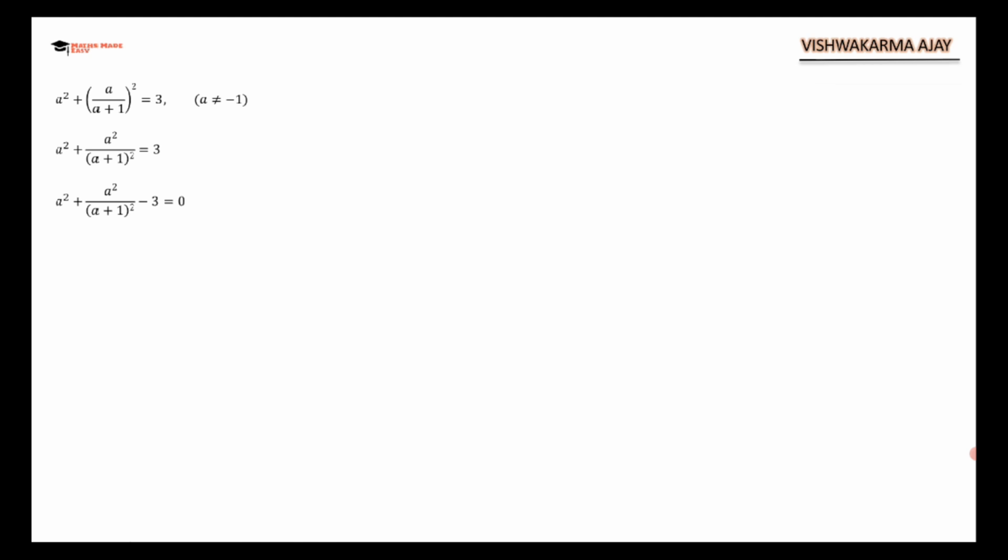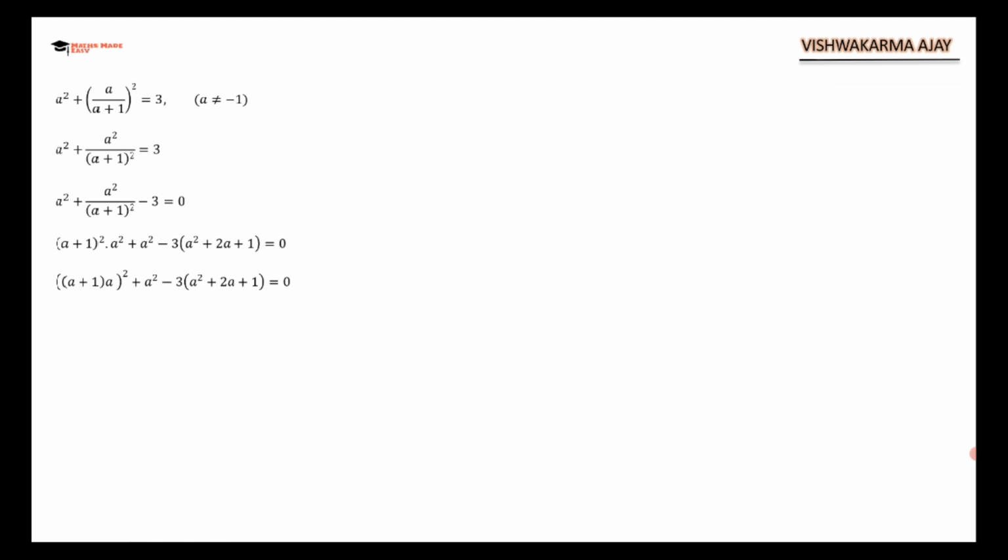(a² + a)²/(a + 1)² minus 3 is equal to 0. Simple algebra. Now we are going to multiply the entire equation by (a + 1) the whole squared. So we get (a² + a)² minus 3(a² + 2a + 1) is equal to 0.